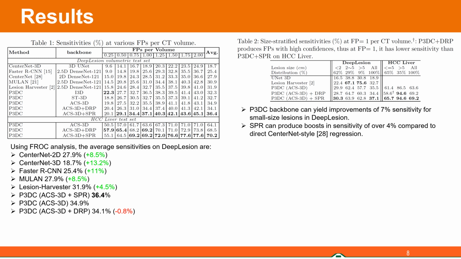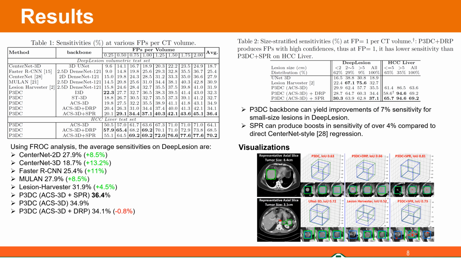Surface point regression can produce boosts in sensitivity of over 4% compared to direct center-style regression. These are clinically significant improvements. Visualizations and more visual examples can be found in our manuscript and the supplementary material.